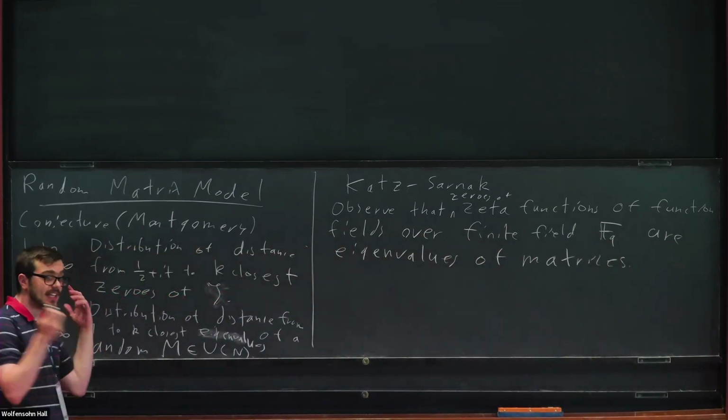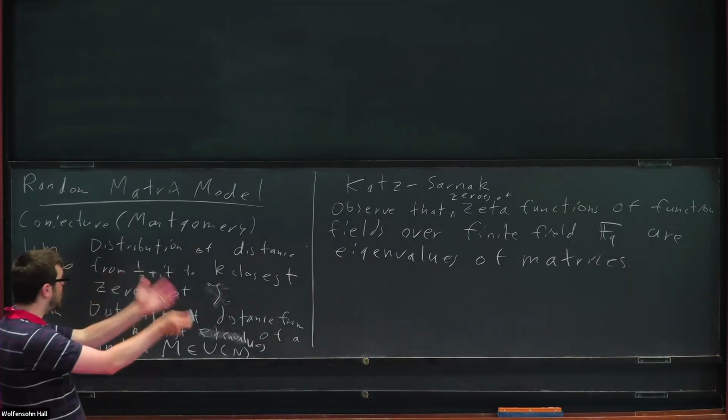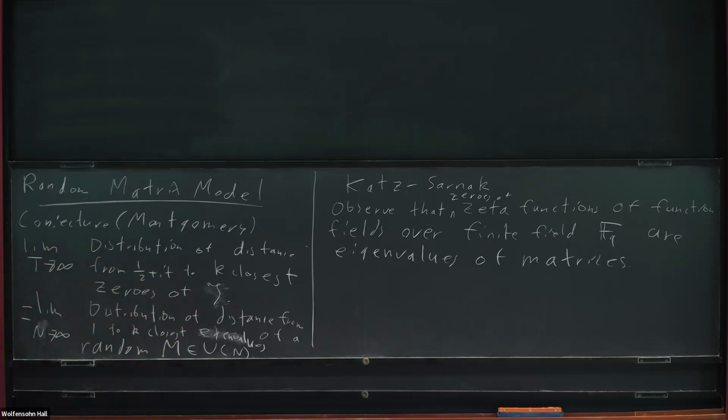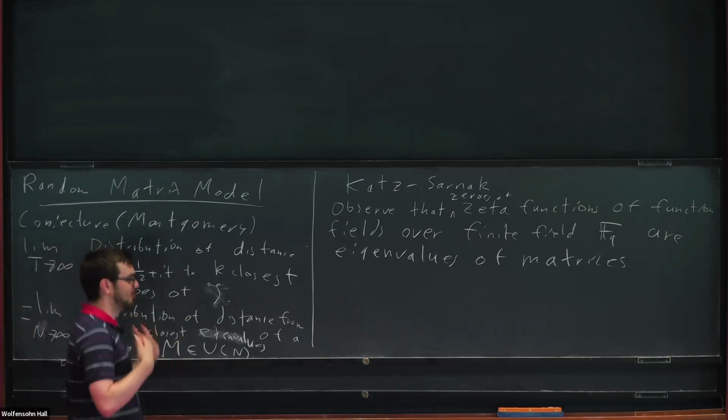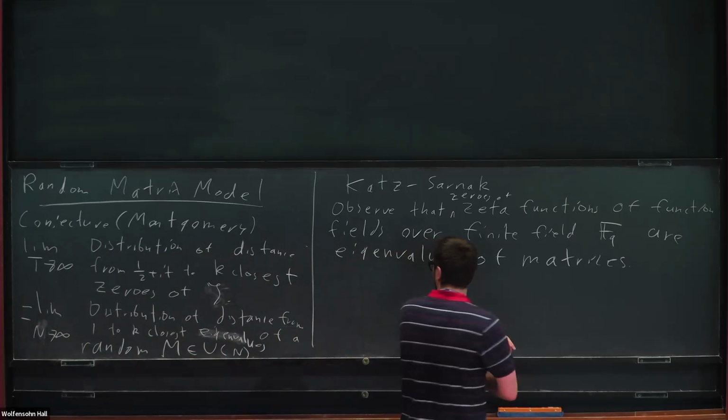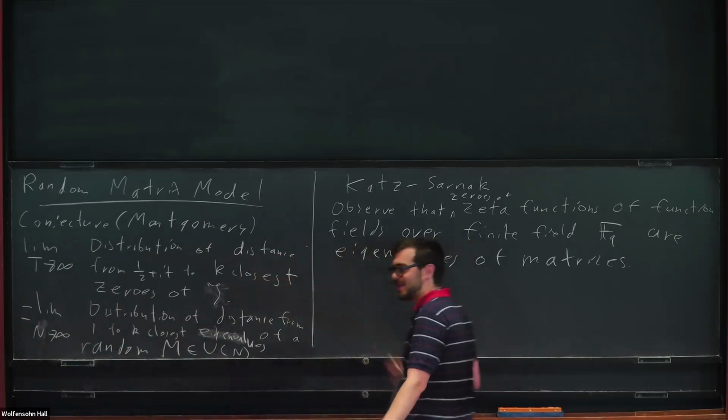But they actually have an interpretation as eigenvalues of matrices. So suddenly in the function field analog, this type of conjecture can be interpreted as a statement that these matrices behave like random matrices, which is a more believable statement. It's a more conceptual statement than to say that something that isn't a matrix behaves like a random matrix.